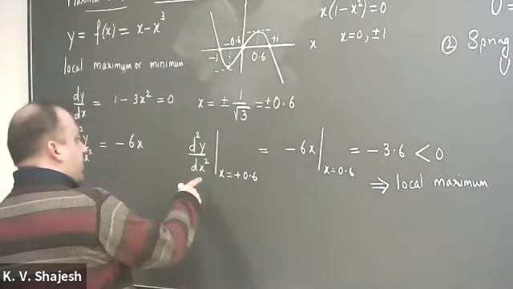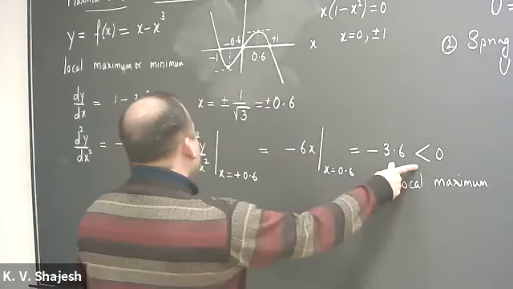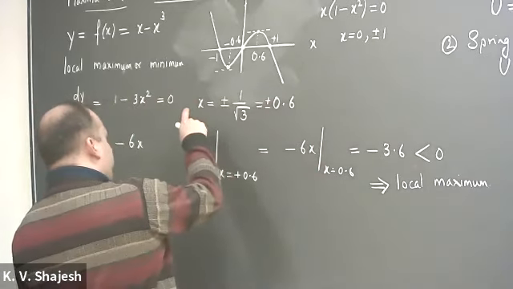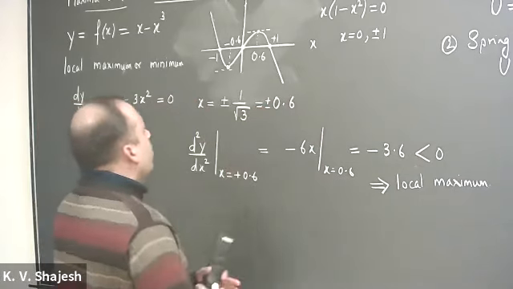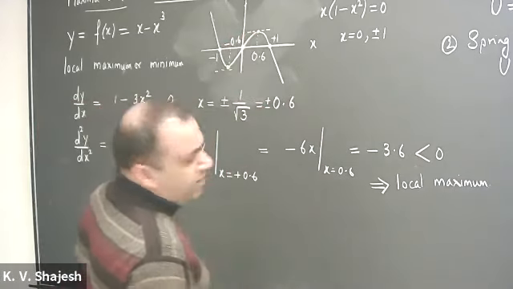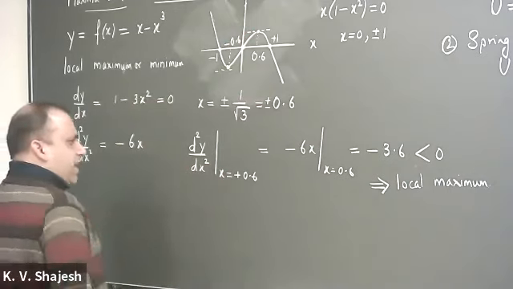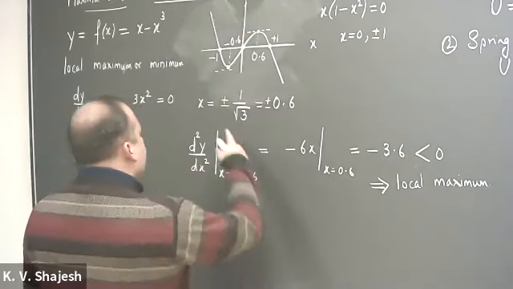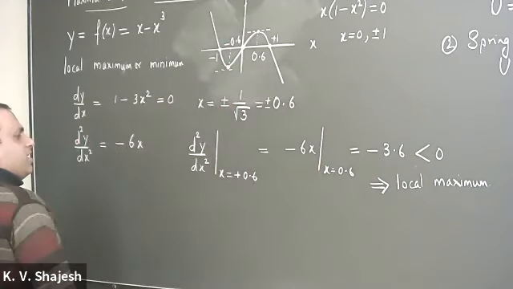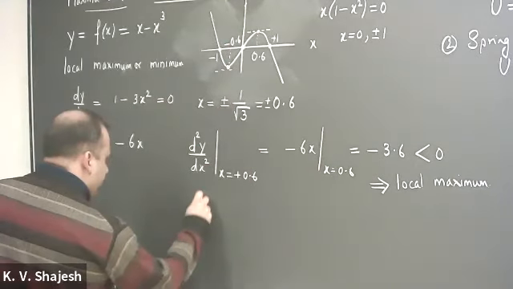So we have learned that by taking the second derivative and showing that it is less than 0, the function at x equal to 0.6 has a maximum point. If that is the case, what happens when x is equal to minus 0.6? Because it is really opposite. So let's redo that.